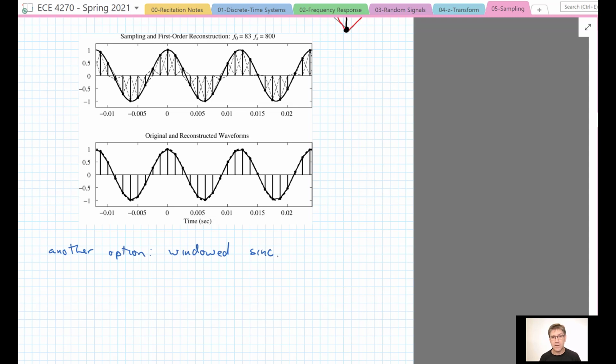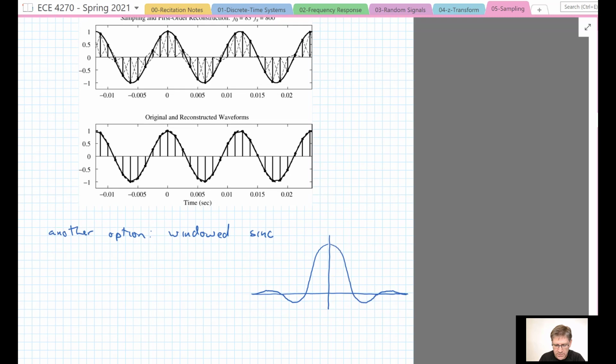So it doesn't take too long before nothing much is there anymore. So if we did our sinc function and we just tapered it nicely right down to 0 and left it right there, then we would have something that approximated our ideal reconstruction filter. And maybe we're a few percent off, but it's very close. And so a windowed sinc is actually a very common option to use for something like this.